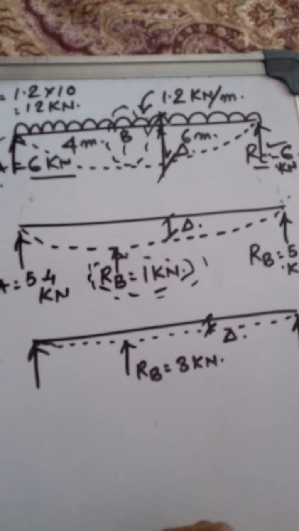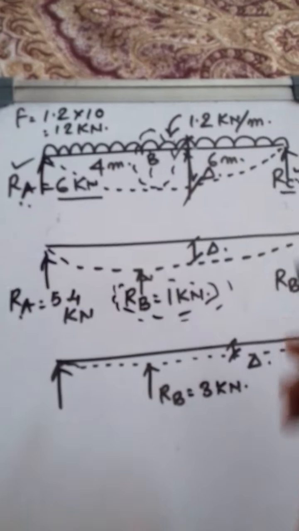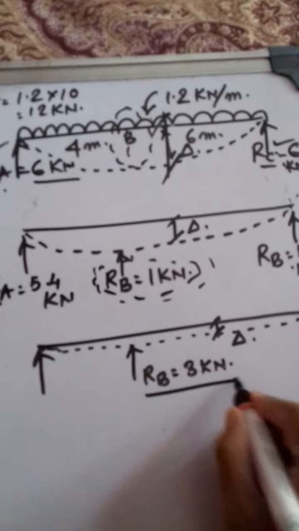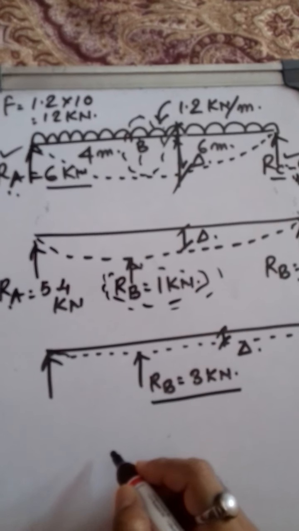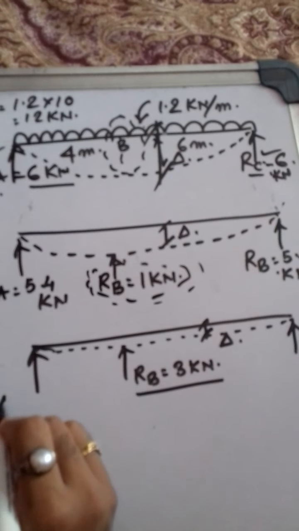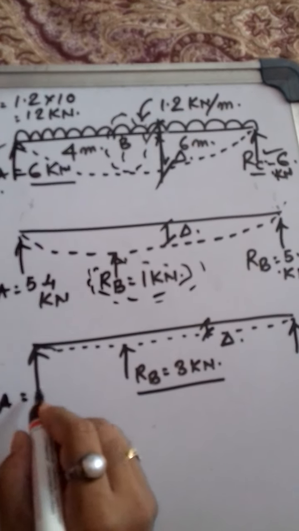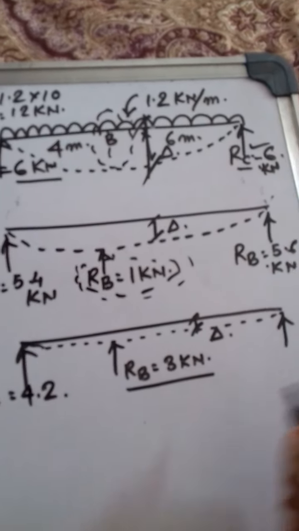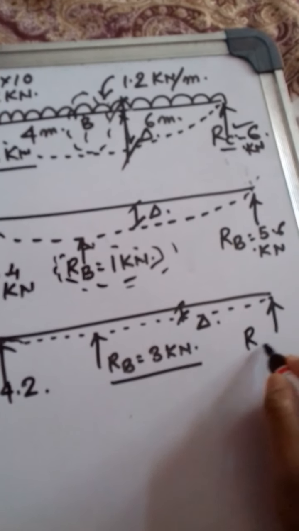How much force is left? Total was 12. 3 is going to RB, so it is 9, right? So with the help of software, suppose RA is equal to 4.2.